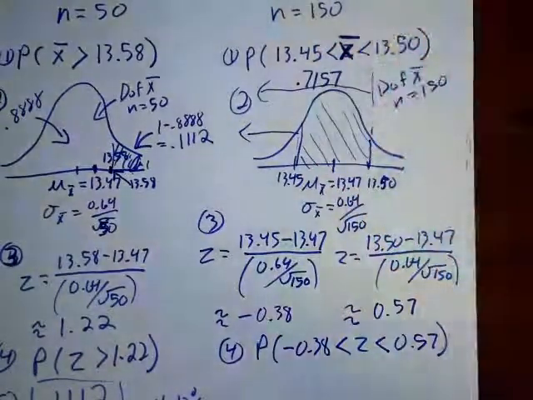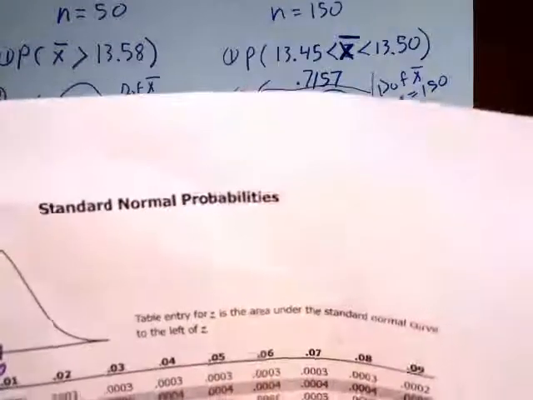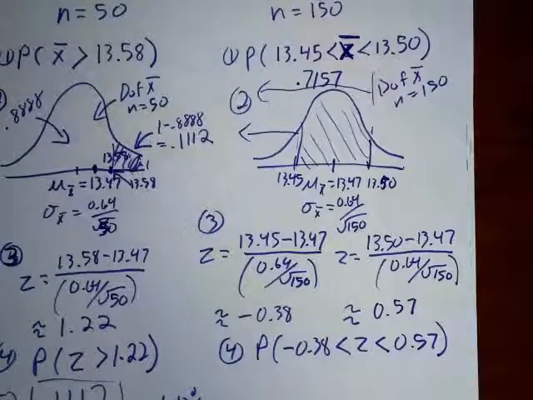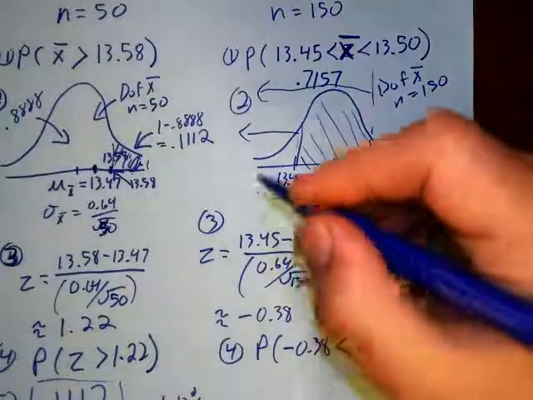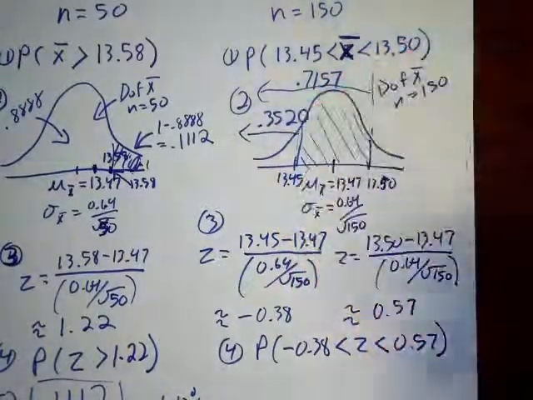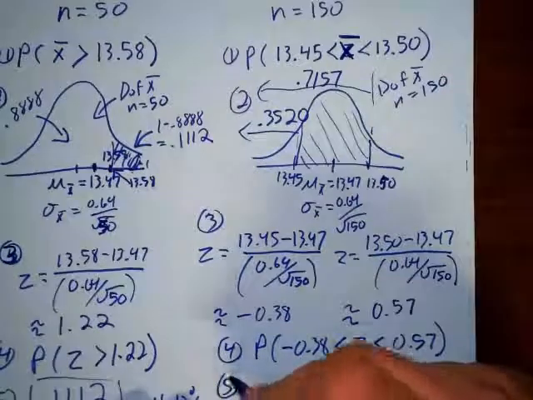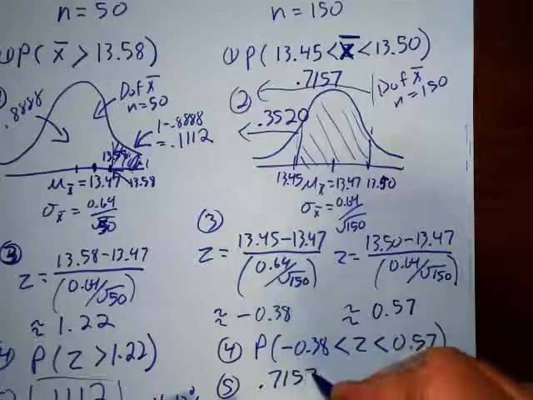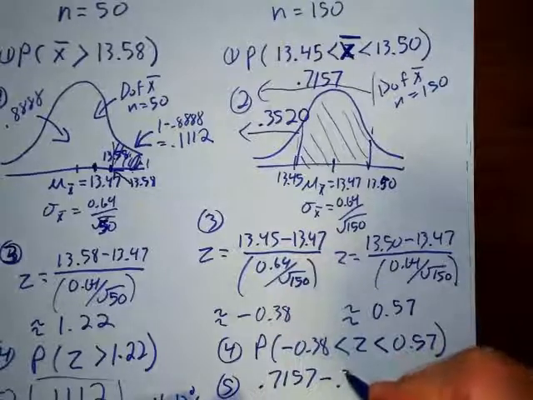And then negative 0.38 gives me 3520. And so now my final probability is the difference between these.